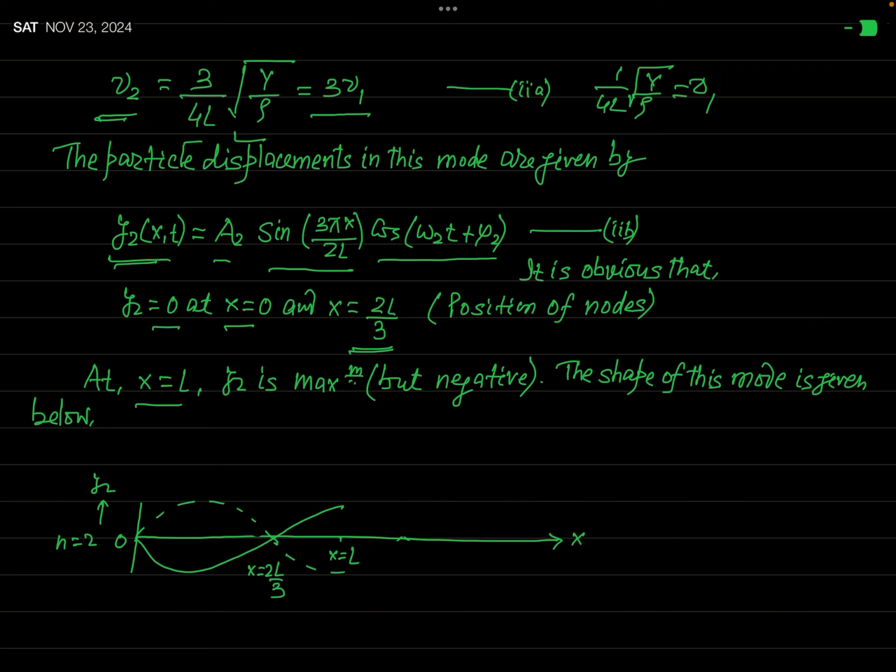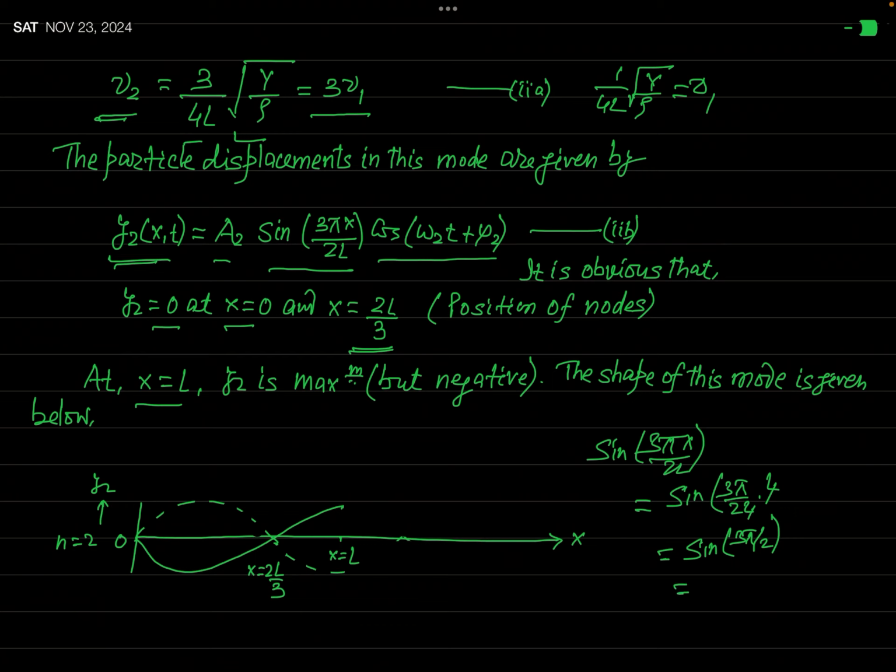You can see when x is equal to L, then what will be this sine 3 pi x over 2L. Let us try to find its value when x is equal to L. So this will be sine 3 pi over 2L times L. Now this L and L will cancel out. So this is sine 3 pi by 2.